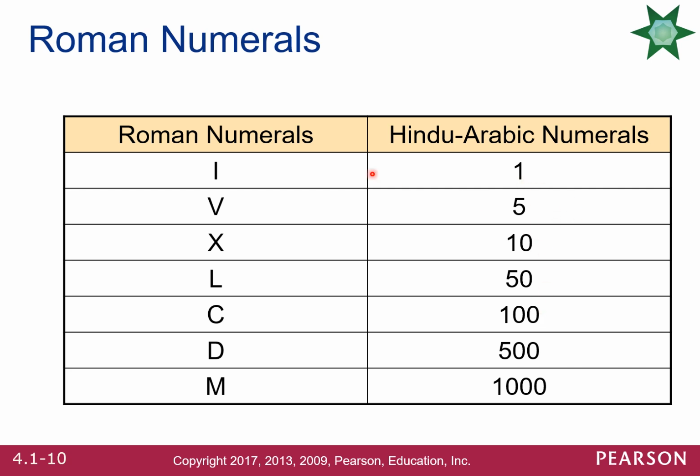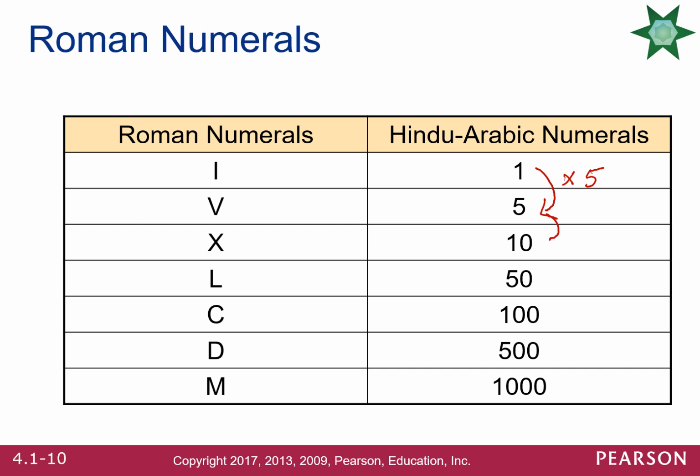Now, the values of the Roman numerals, you will notice, increases in alternate multiples of 5 and 2. What I mean by that is that the first number has a value of 1, correct? And the next higher value is 1 multiplied by 5. So V is 5.